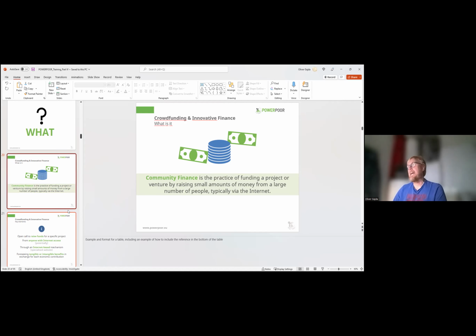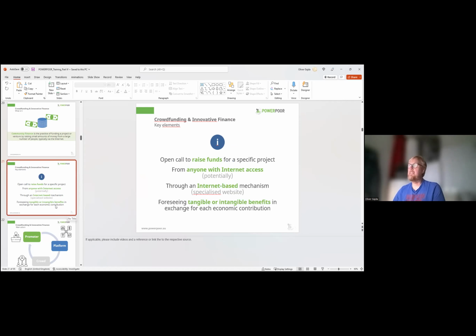So this happens in form of an open call to raise funds. Because it's on the internet and it's public, it's basically accessible to everyone who has access to the internet. Of course, not everyone will access it, but the possibility is there, therefore also to promote it widely.